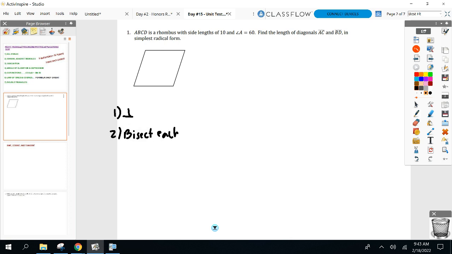And there's one other one I think will help you out here. Via? All sides are congruent. I'm looking for one more for the diagonals. Diagonals bisect each other, and they bisect the angles they're drawn to. All right?